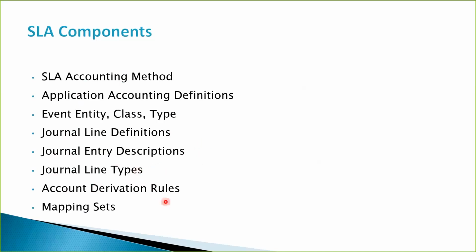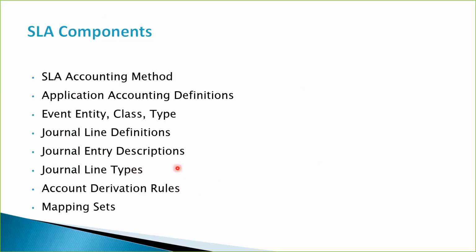Account derivation rules, as we have said before, are associated with the line type, because each line will be associated with an account combination, and it is the account derivation rules that contain the logic which dictates which account will be produced for that particular line.